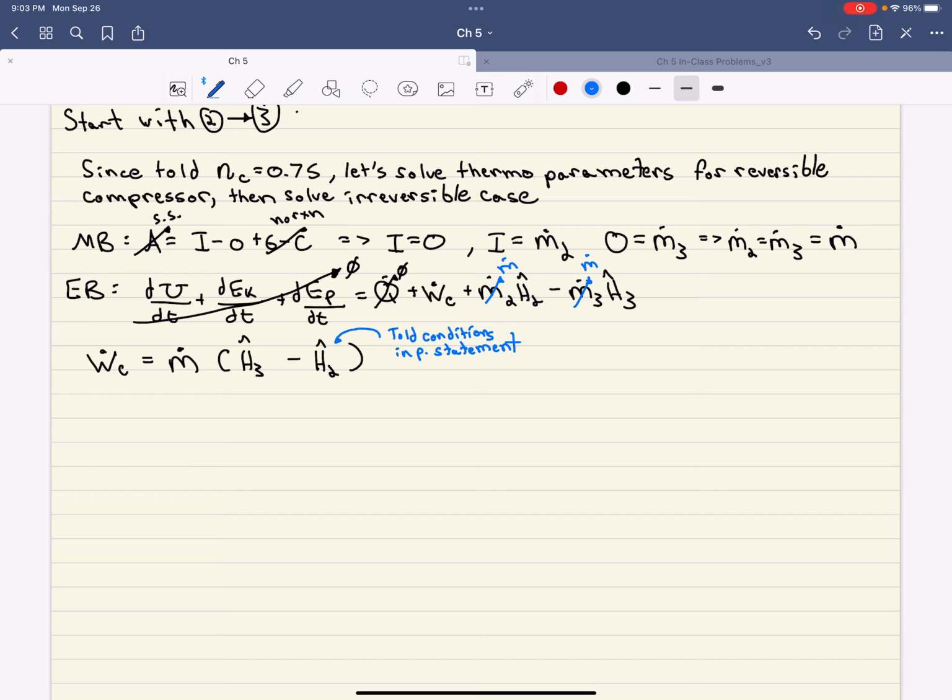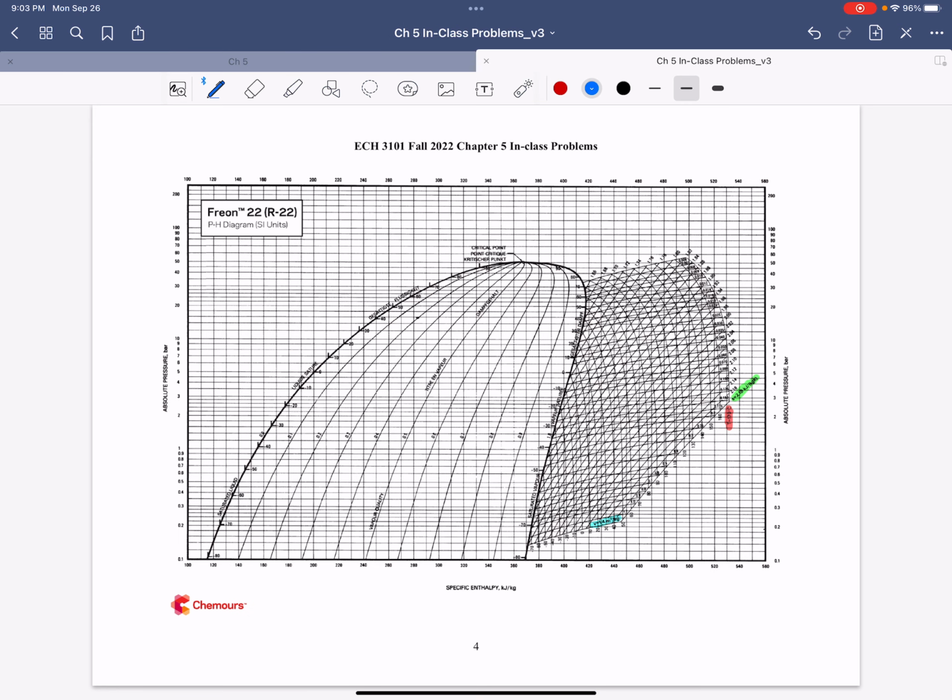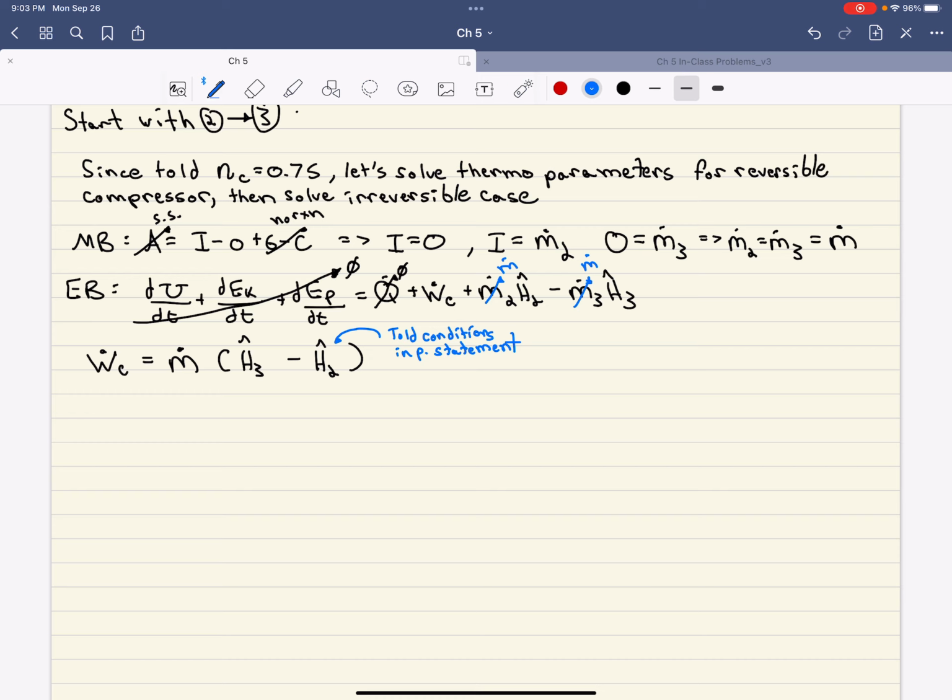And so just like the steam tables, in these sort of thermodynamic plots for refrigerants, if you have two pieces of information, you'll be able to find any other piece of information. Okay? So H2, in a bit, I'll go through how you would find the properties for that. But for H3, we actually don't know anything about it at the moment.